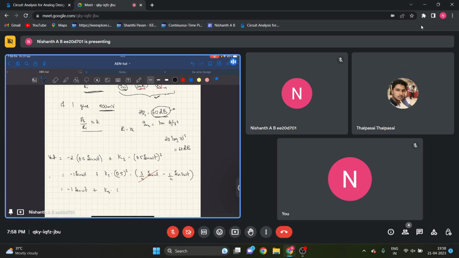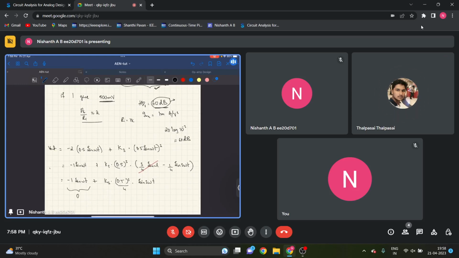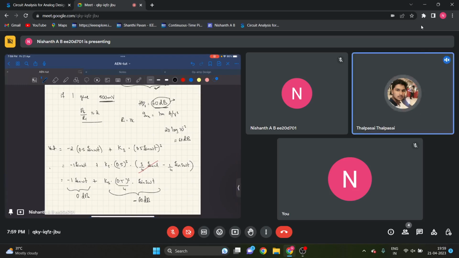K3 into 0.5 whole cube by 4 into sine 3 omega t, correct? Yes, sir. This is with the 0 dB. I want this to be 60 dB down. It should be minus 60 dB. Your understanding? Yes, sir.